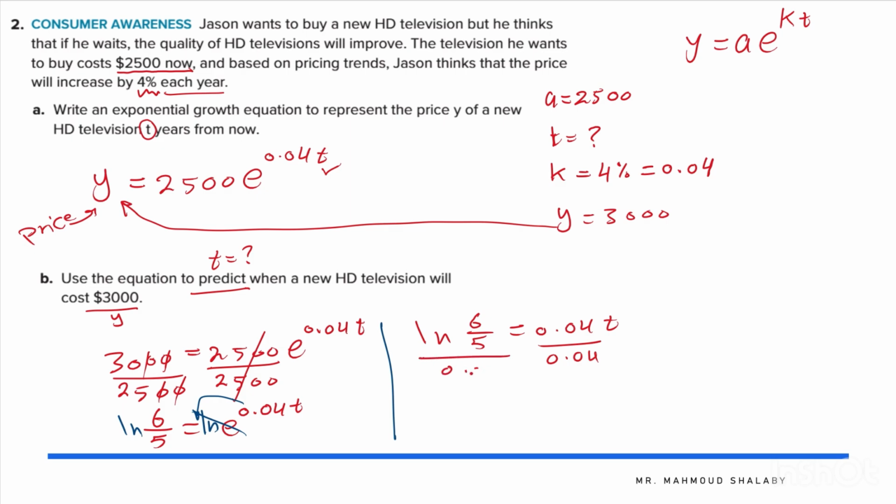Divide everything by 0.04, and t approximately equals, using your calculator, 4.6, which means about 4.6 years from now. About 4.6 years from now, the television will cost 3,000.